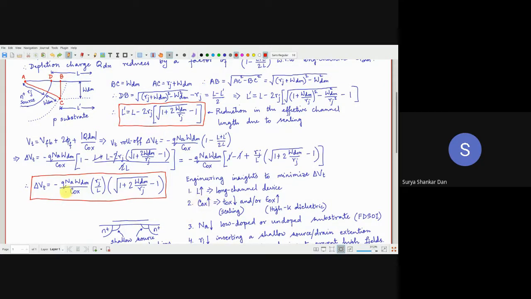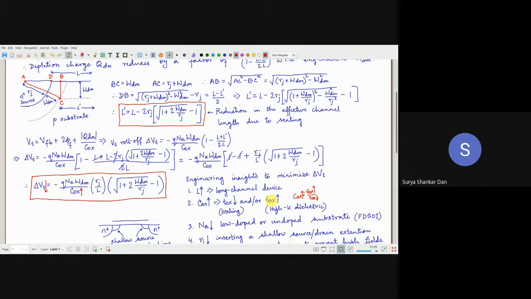COX can be increased. If you increase COX, delta VT decreases. As we have seen, capital L can be increased, but that is a foolish thing to do. So how to increase COX? Remember COX is equal to epsilon OX by TOX. So if you want to increase COX, TOX has to be reduced or epsilon OX has to be increased. TOX will be reduced with scaling. Excellent.